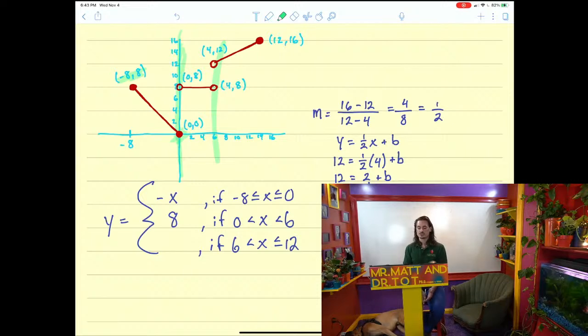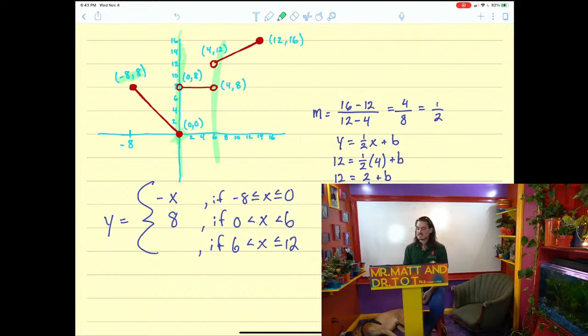So this is the graph of the negative x function, or y is equal to negative x, and that's if the domain is between negative 8 and 0 inclusive. So we have negative 8 less than or equal to x, which is less than or equal to 0.